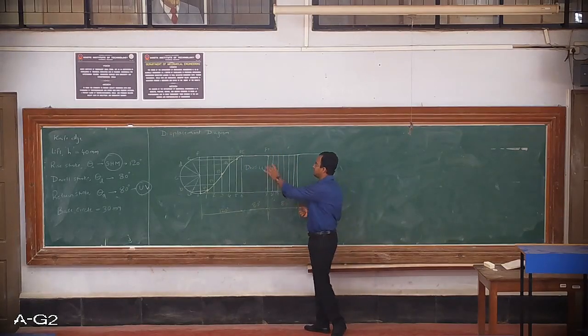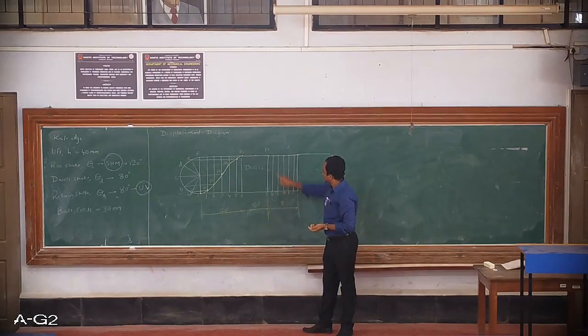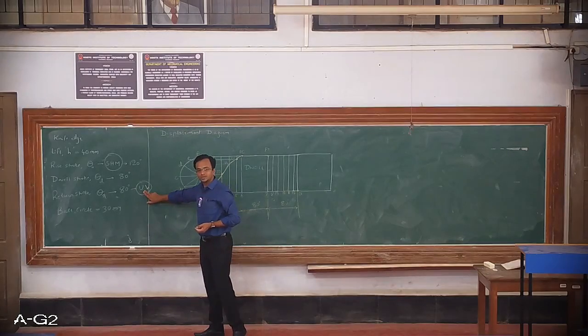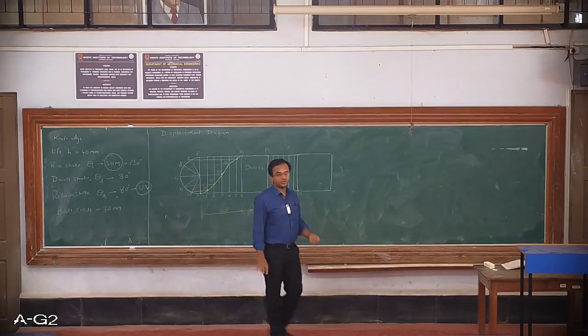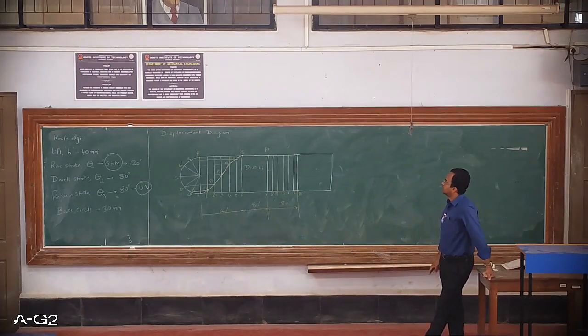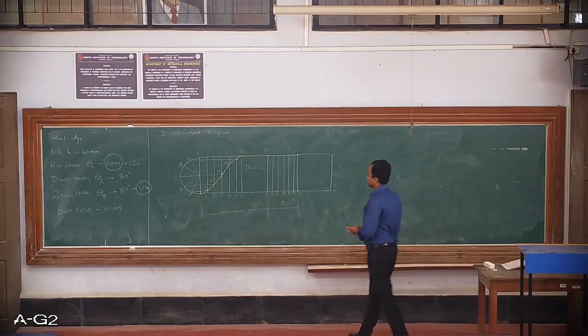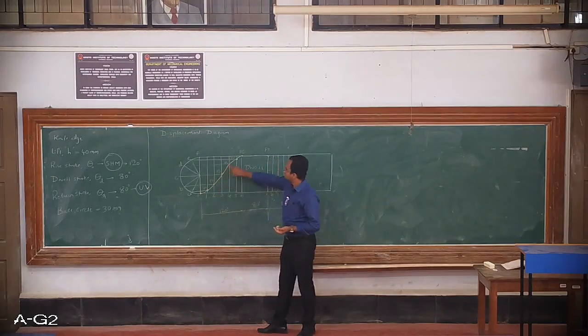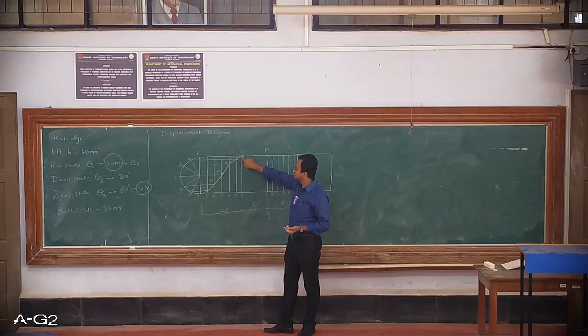Now once I come to P7, I am into the return stroke zone. So here I need to draw the displacement curve with what nature? With uniform velocity nature. Uniform velocity nature is the simplest way to draw. All you have to draw is a straight line from starting point to end point. But what is the catch here? If I take a rise stroke, this is the starting point, this is the end point of the rise stroke.